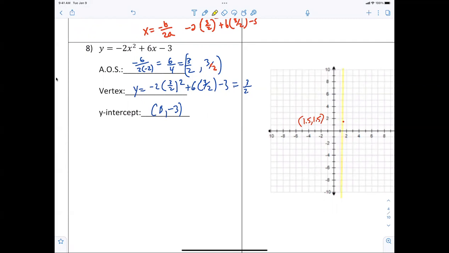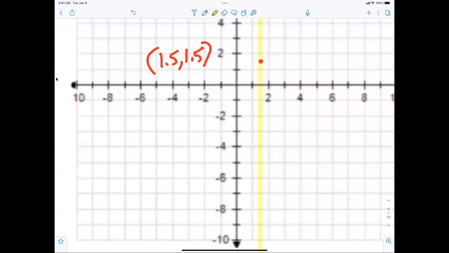So here's our axis of symmetry. Our y-intercept is negative 3, so let's graph negative 3. Now, how far over am I? 1.5. So I have to go over 1.5, right there.